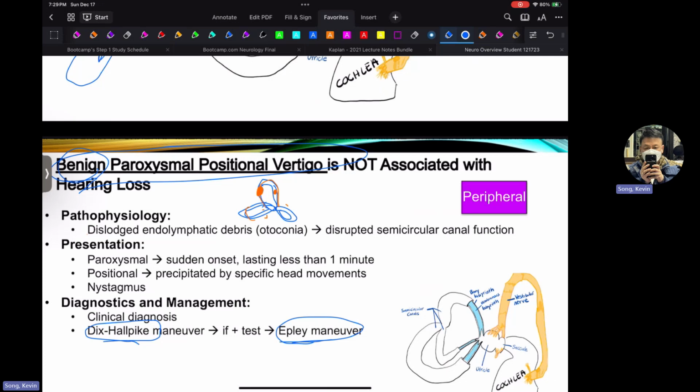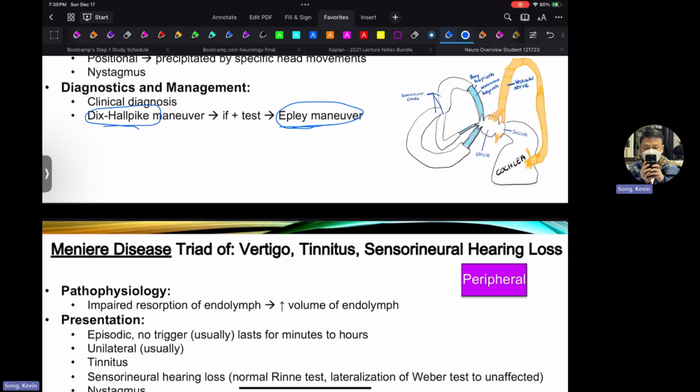Very easy. You can just YouTube the Hallpike maneuver or the Epley maneuver. It will come back, but you can resolve the issue very quickly. Something you must know.